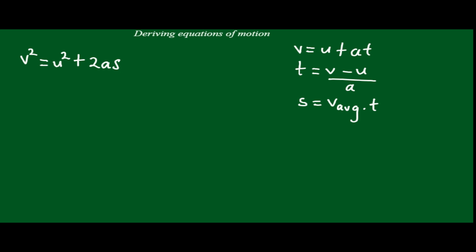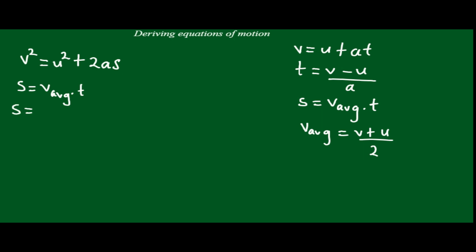And what's left now is just to apply those given formulas into the equation. So what is average velocity? Average velocity is equal to the sum of the initial and final velocities over 2. So s is the average velocity by time.